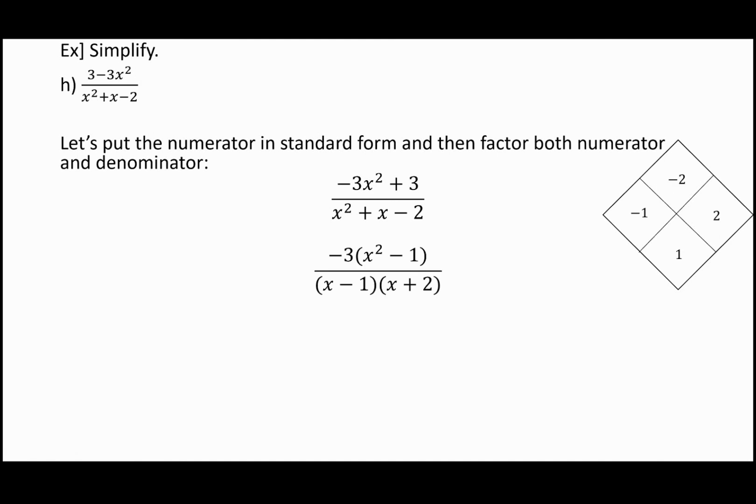So I'll go ahead and do that. Cool. I also might notice that I have a GCF in the numerator that should be pulled out, and I'm referring to this -3 here, and this will be the remaining binomial that gets left over, x squared minus 1. You might recognize that x squared minus 1 is a difference of squares, and so it could be factored further as x plus 1, x minus 1.